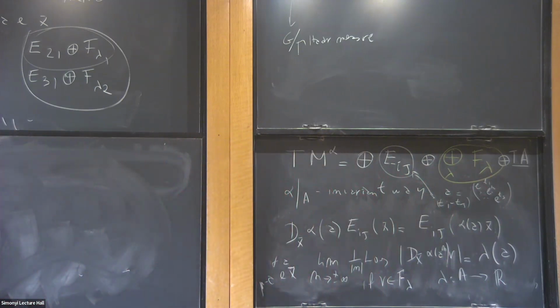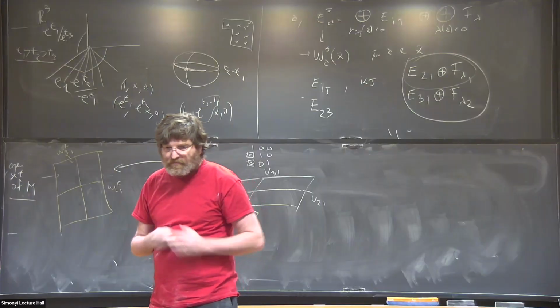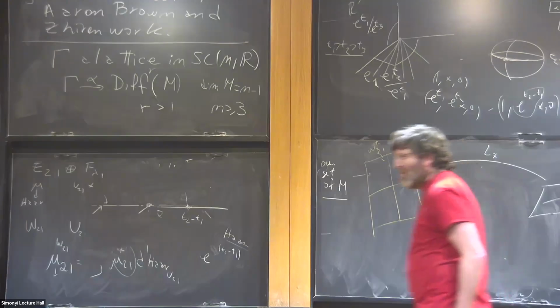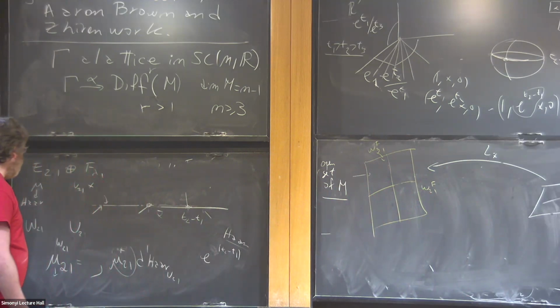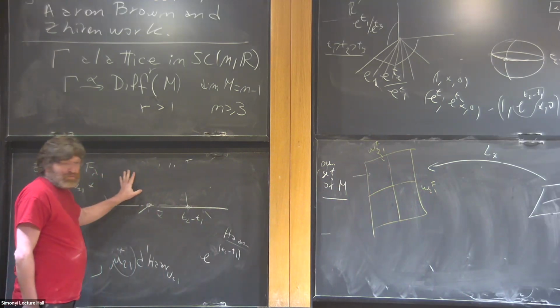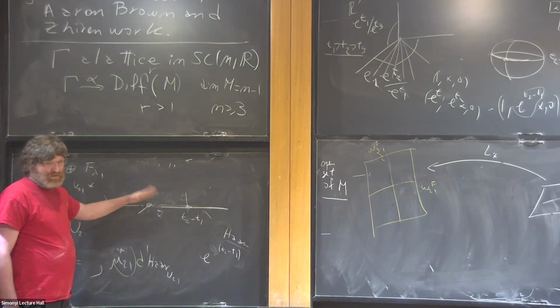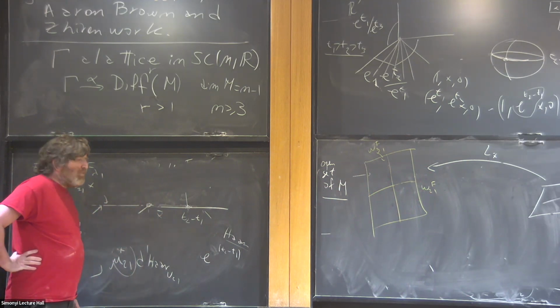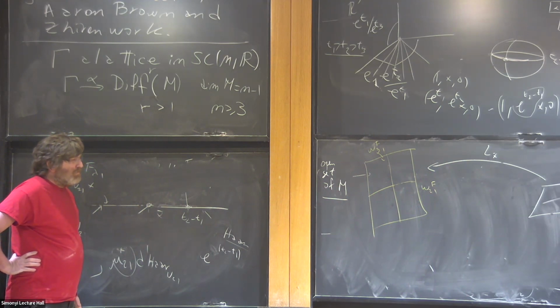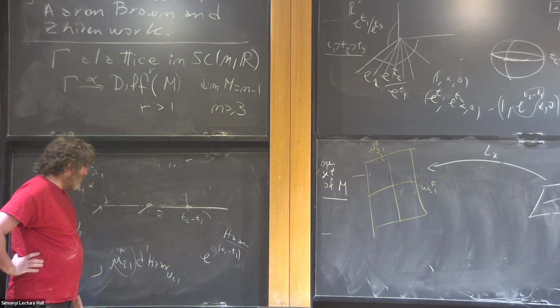Basically, you can analyze other groups in this way. Yes, you can analyze split groups. When the root spaces are one-dimensional, it's pretty much the same. In principle you want a little bit more. Like Sp is one of the problems.